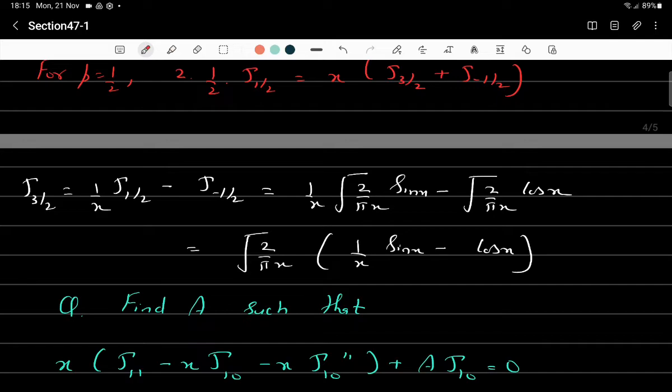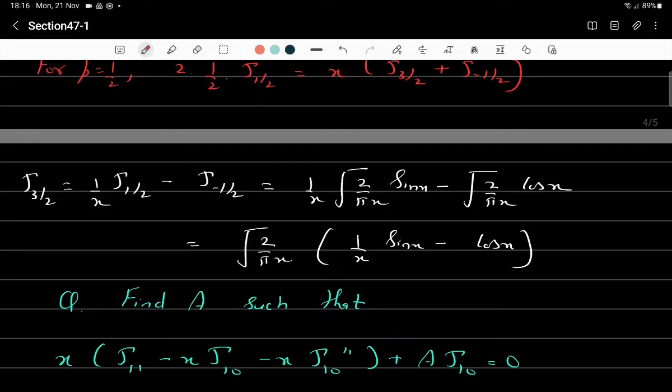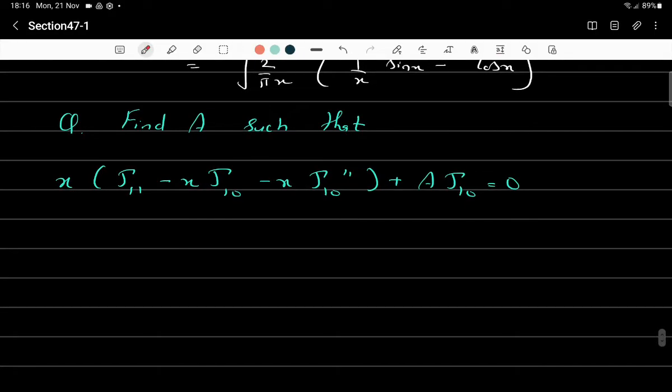Of course, I have to use the different identities, but the only observation is I have J10 double dash, and I know that J10 is the solution of the Bessel equation when p is equal to 10, and there you have y double dash. So if I try to use the Bessel equation, recall what the Bessel equation is: x square y double dash plus x y dash plus (x square minus p square) y is equal to 0.